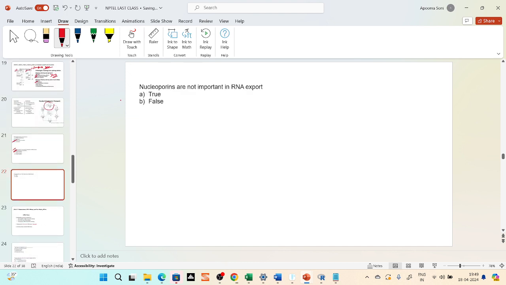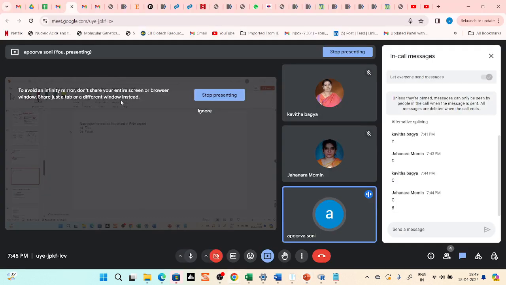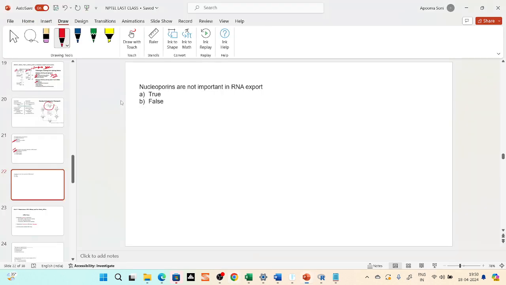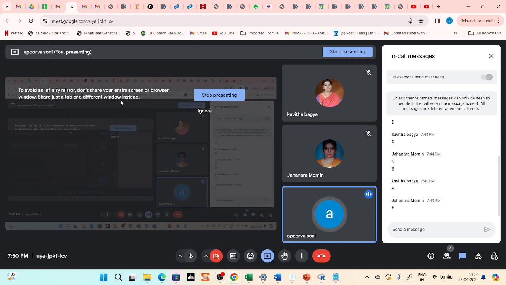Then, nucleoporins are not important in RNA transport. Are nucleoporins important or not? They are very important because they are the ones which are actually helping. I'm not able to see the answers, but it's very good that you are attempting to answer, because we have less time today and a lot to cover.